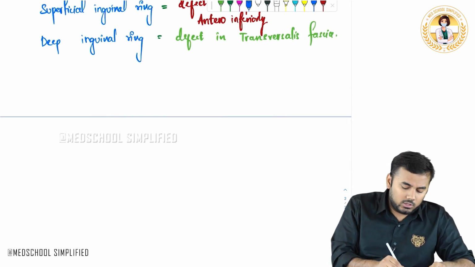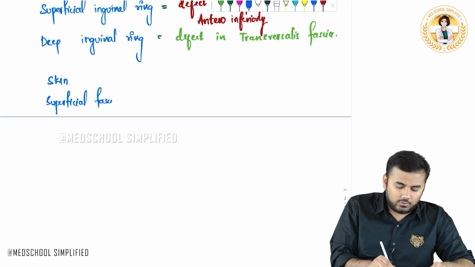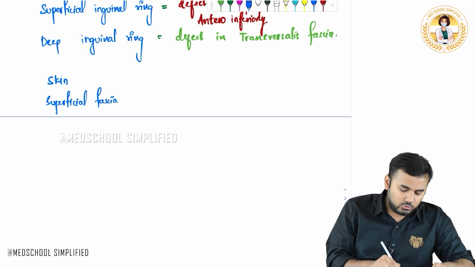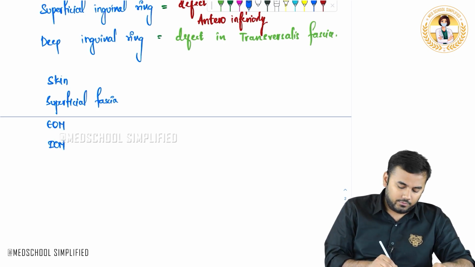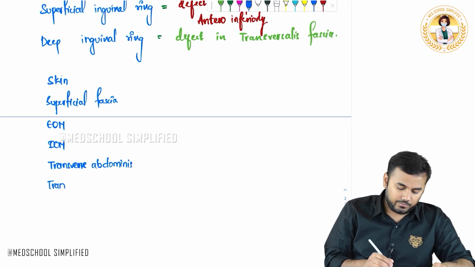The outermost layer is your skin. After the skin, you have got the superficial fascia. After the superficial fascia, we have got the external oblique muscle. Then we have got the internal oblique muscle. Then we have got the transversus abdominis. After the transversus abdominis, we have got the transversalis fascia.